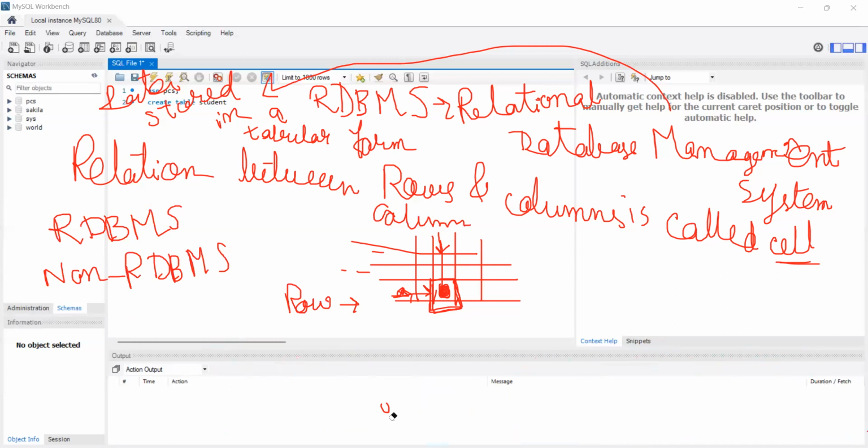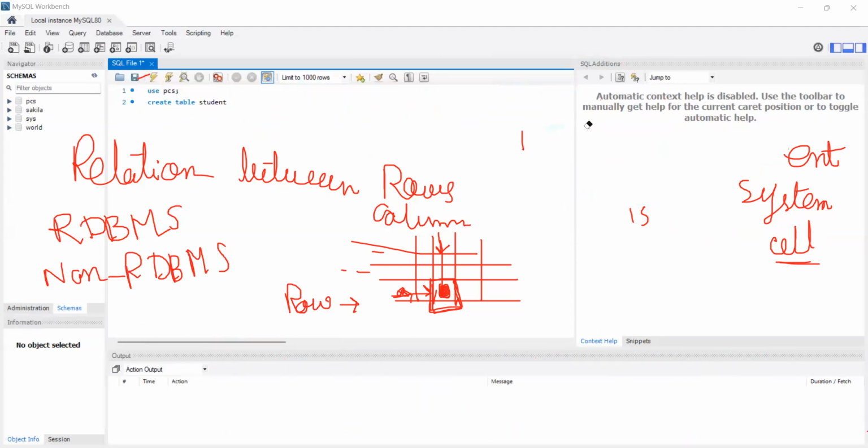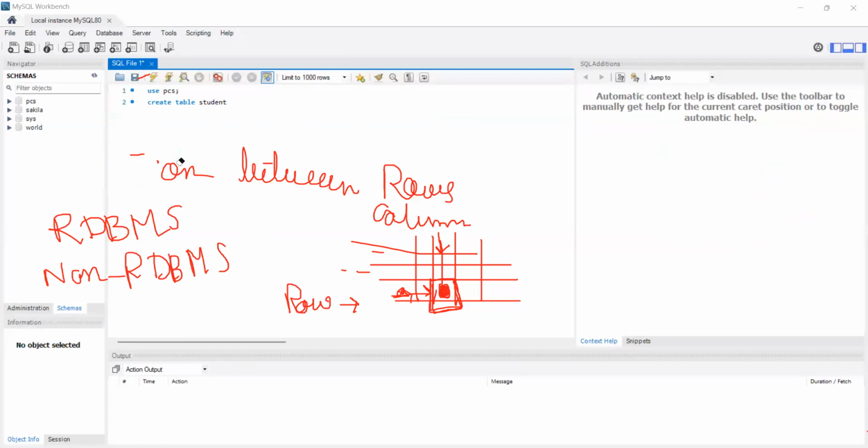Anybody? Nobody knows the example? Ayush, no, the example of RDBMS and non-RDBMS. Please don't search for it, because it's not a competition. If anyone doesn't know, it's possible, no issue.